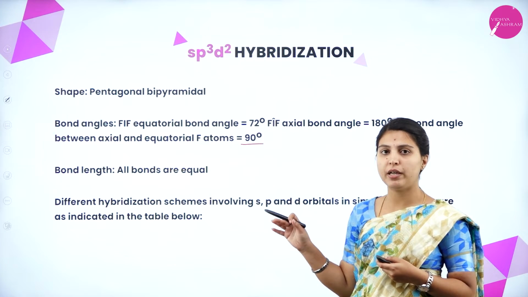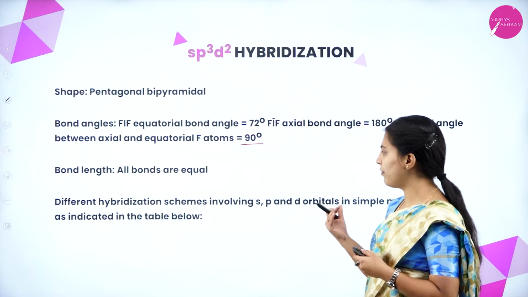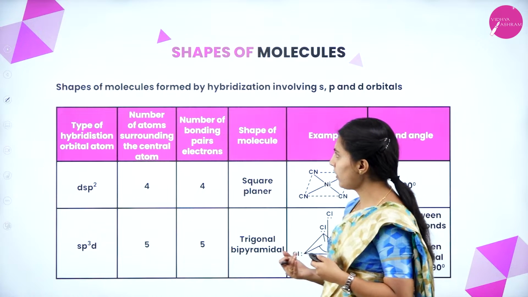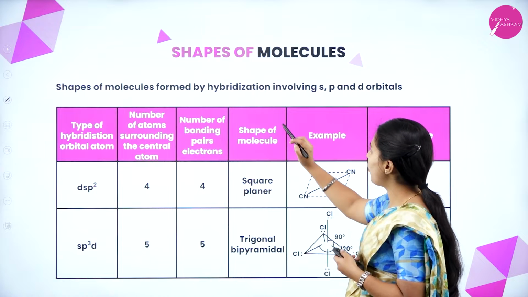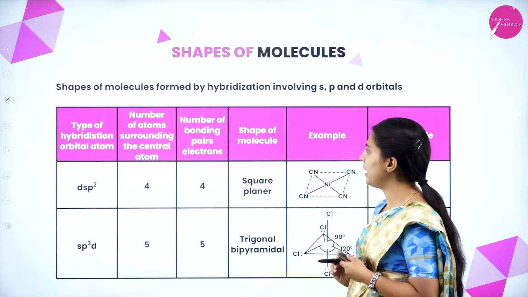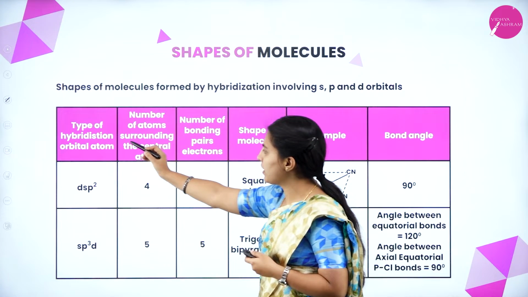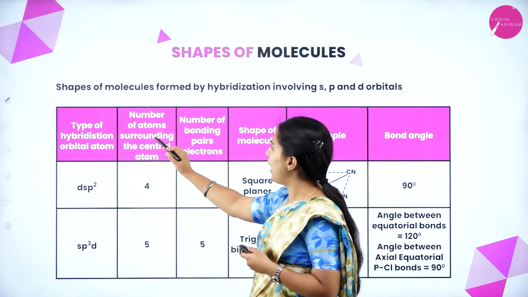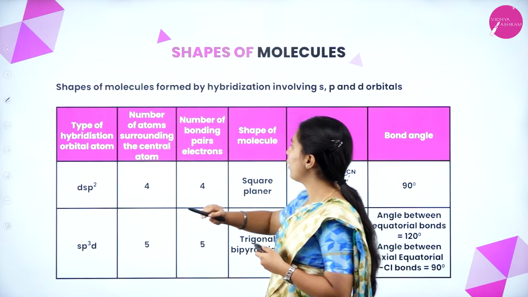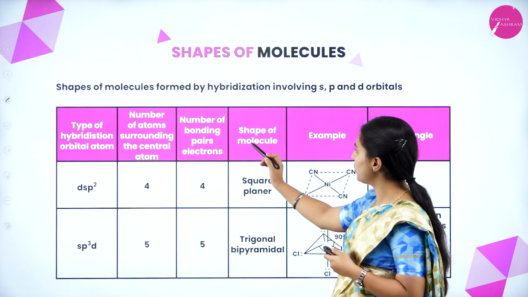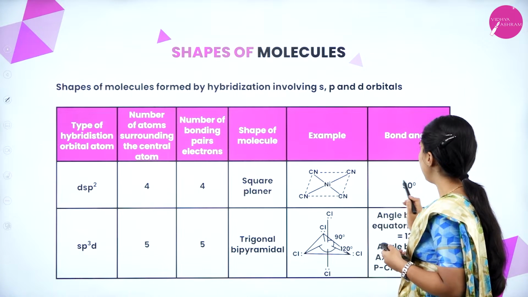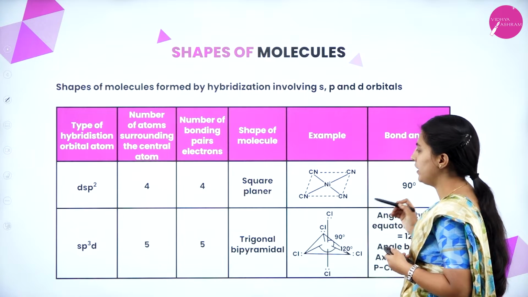Based on these hybridization concepts, we are seeing further examples in simple molecules. See here, shapes of molecules formed by hybridization involving s, p and d. Type of hybridization dsp2, number of atoms surrounding the central atom 4, number of bond pairs 4, shape of molecule square planar. Example, this is nickel cyanide, that angle is 90 degrees.